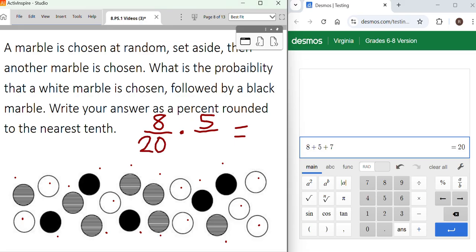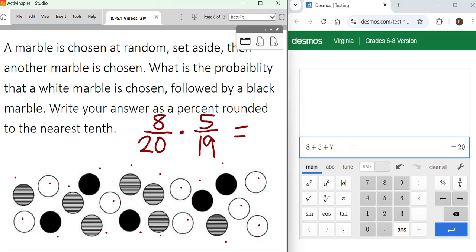So when I made my first choice, I was looking for 8 white marbles out of 20 possibilities. But then I set 1 marble aside. That means I only have 19 left when he tries to find one of the 5 black marbles.